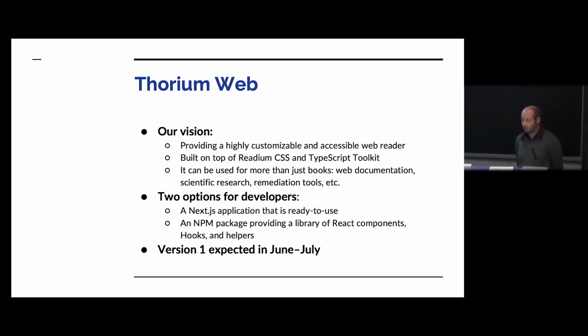And if your needs are vastly superior to forking and customizing Thorium Web, you can import those modules and start building with them. So version 1 is expected in June, so the end of this month, or early next month. We will discuss the roadmap later, but I will just showcase what customization means in Thorium Web at the moment.